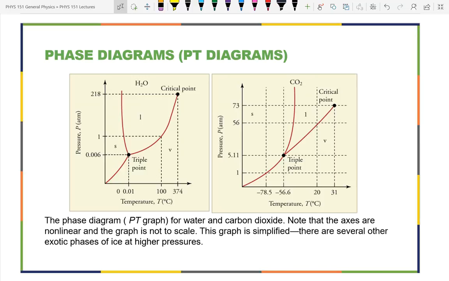Phase diagrams are something that I am much more comfortable with. A phase diagram is plotting pressure versus temperature. And one of the things that's very cool about phase diagrams is this critical point. The critical point is a specific temperature and pressure above which there is no differentiation between a liquid and a gas. Now that seems unimaginable to us because I have water in the liquid phase.